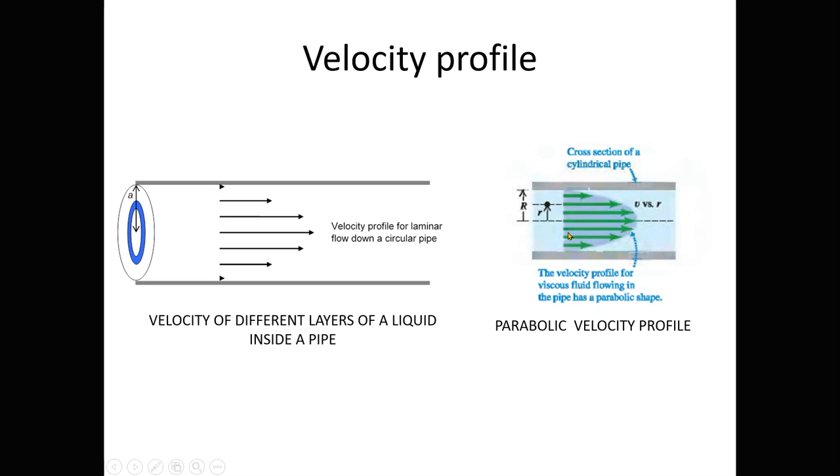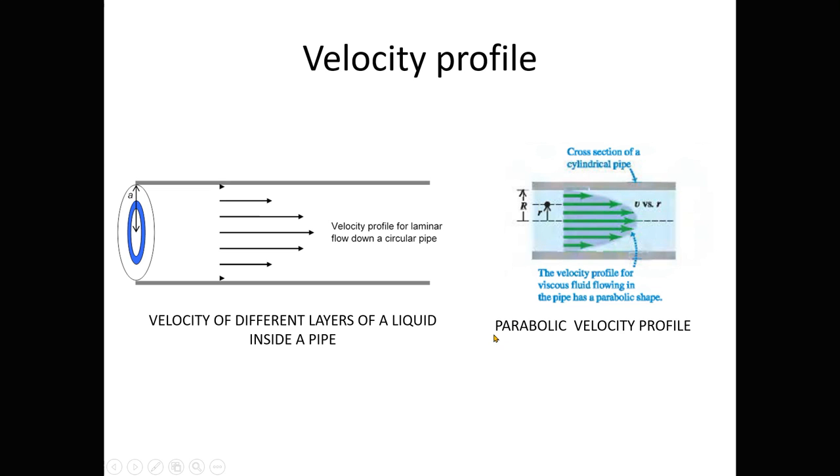This is velocity versus radius, where the velocity profile for viscous fluid flowing in the pipe has a parabolic shape. Actually this is a parabola. So we say velocity profile for viscous fluid flowing in the pipe. This is the liquid flowing through the pipe, this is the velocity profile, and this is the cross sectional view of the pipe.